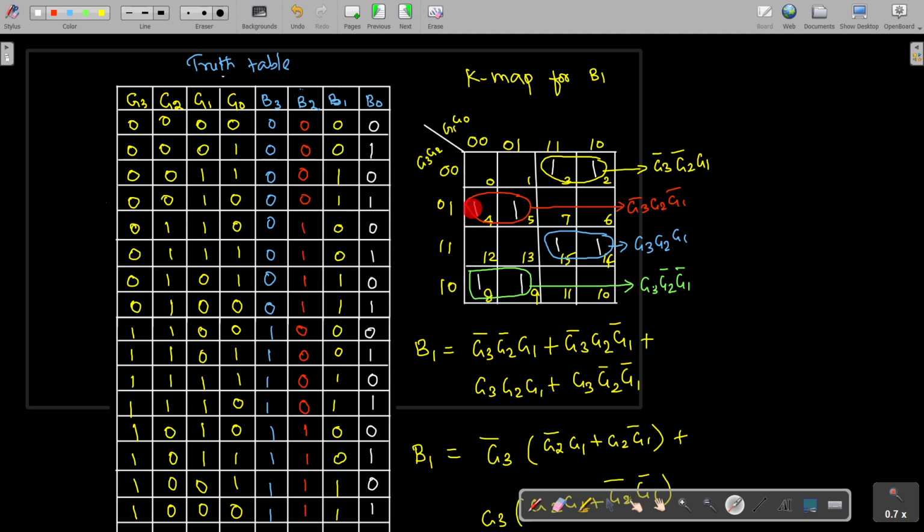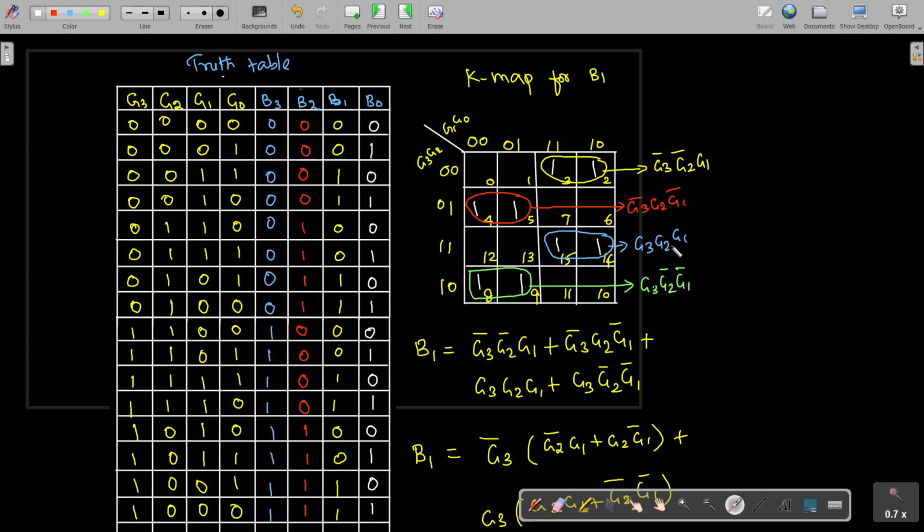Then for this particular loop it is 0 1, that corresponds to G3 bar G2. On this side it is G1 bar, G naught is cancelled. Okay, so we have G3 bar G2 G1 bar. Then for this particular loop it is G3 G2, but here G3 exists, G naught gets cancelled.